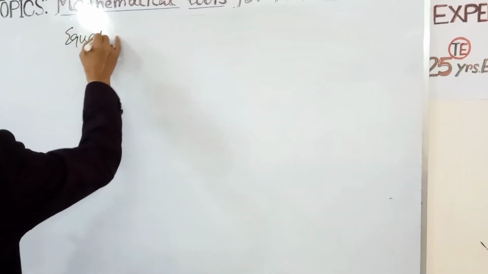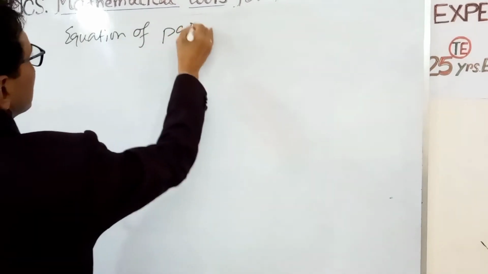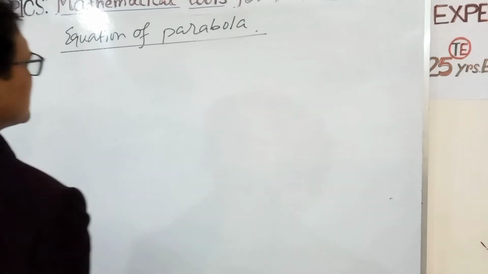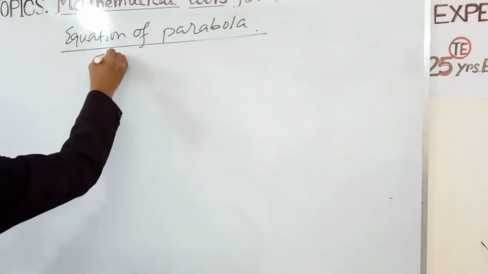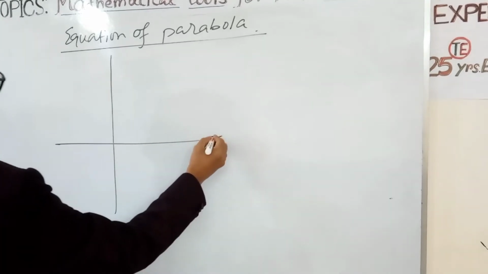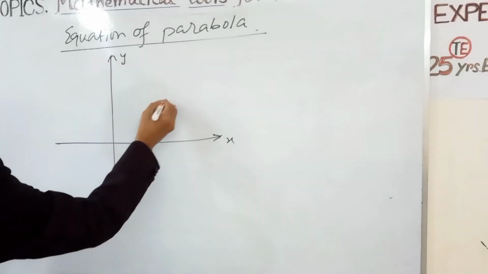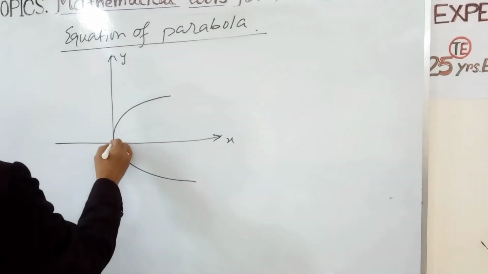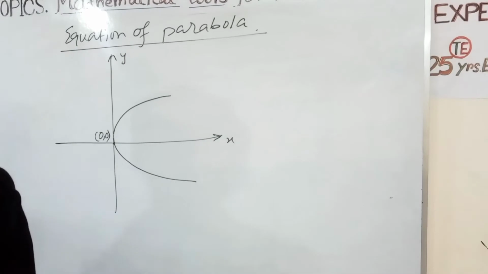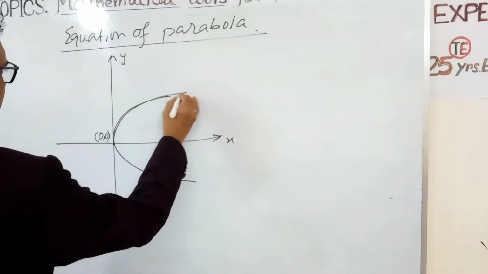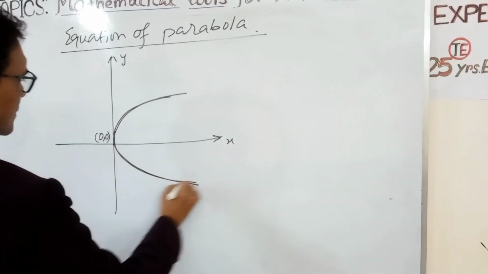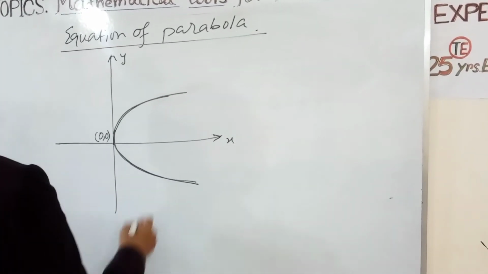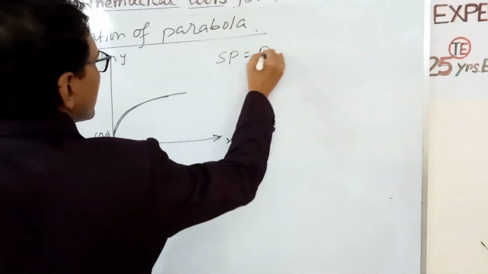Now the equation of parabola. Parabolas are of two types. If the vertex coordinate is (0, 0), the parabola is like this. This is the figure of the parabola. The definition is SP equals PM.